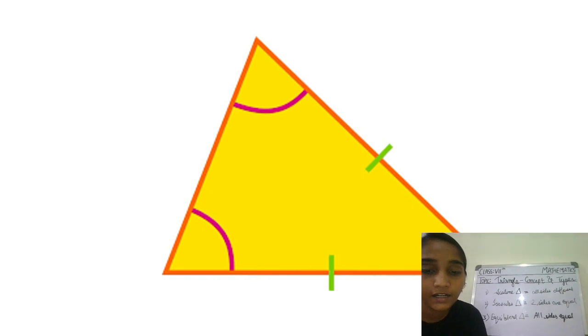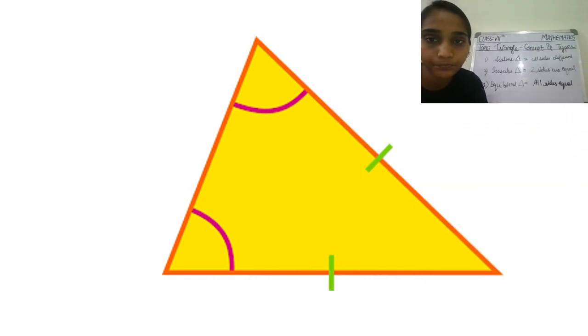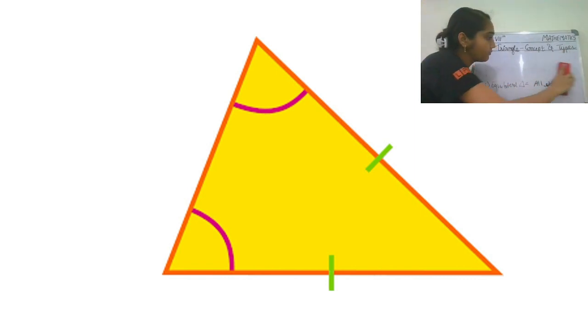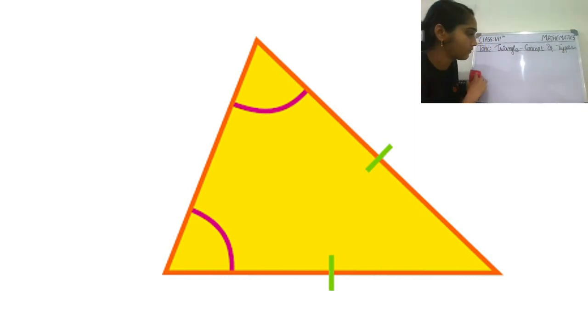Yes, let's move ahead now. So students, if I ask you to consider this figure, how can you classify this triangle on the basis of its sides, which type of triangle it is? Here you can see, students, that these two lines are similar lines, which are representing that these two sides are equal.